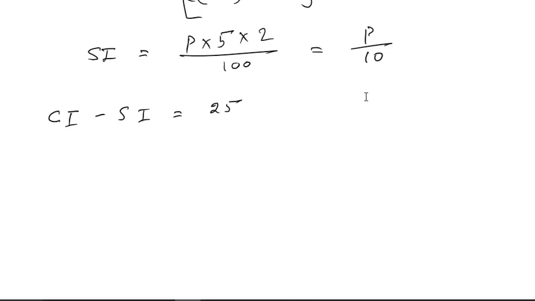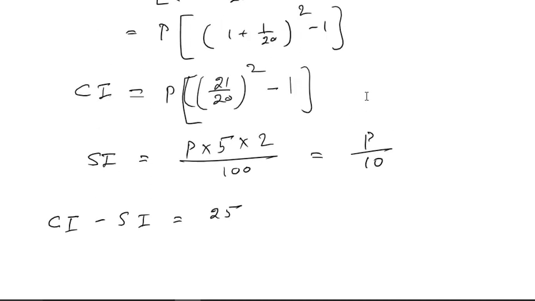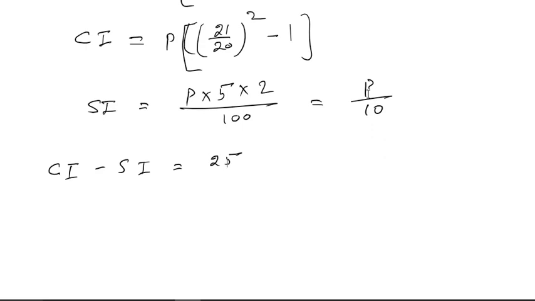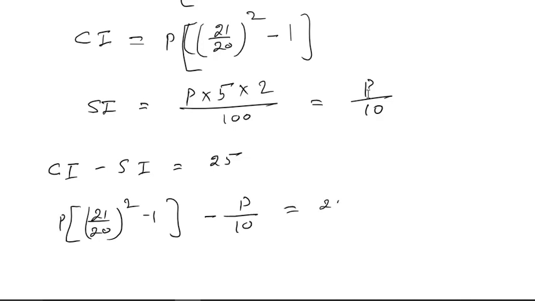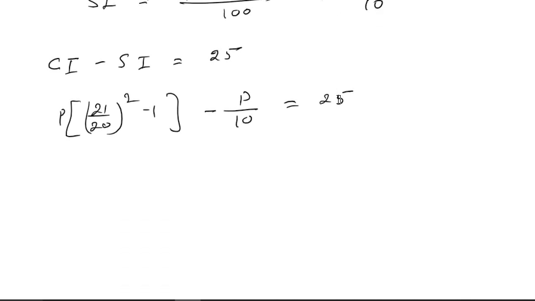Now in place of compound interest we write P into 21 upon 20 the whole square minus 1, minus simple interest P upon 10. The answer is 25. Now I simplify here. So P into 21 upon 20: 21 square is 441, 20 square is 400, minus 1, minus P upon 10 equal to 25.